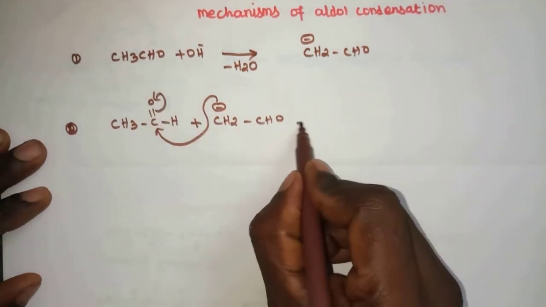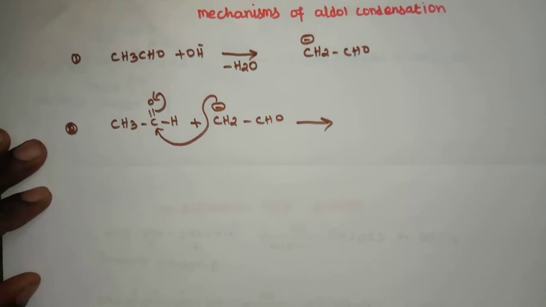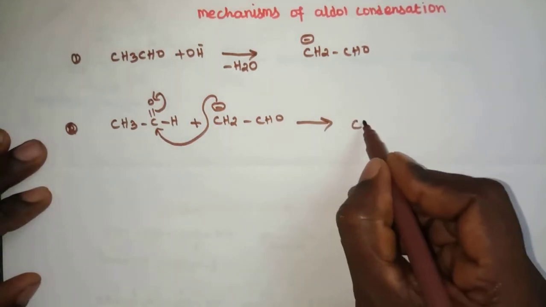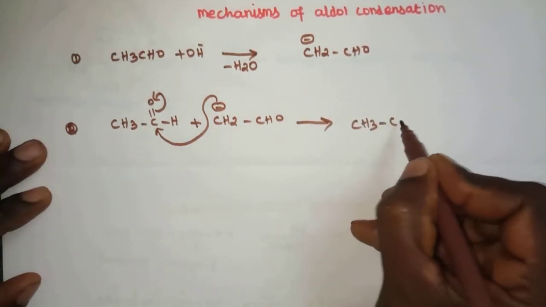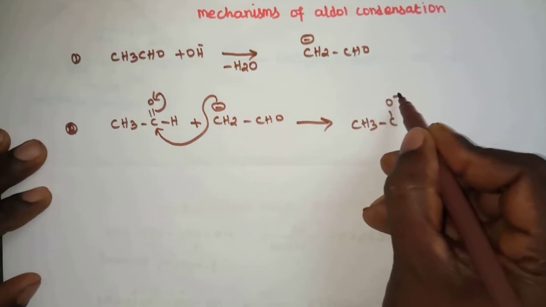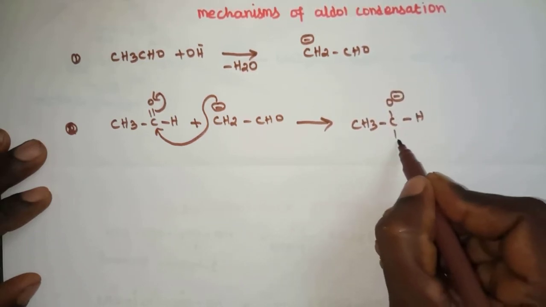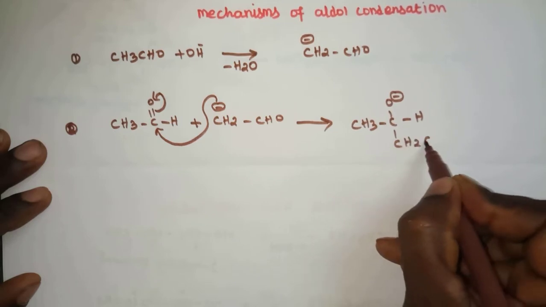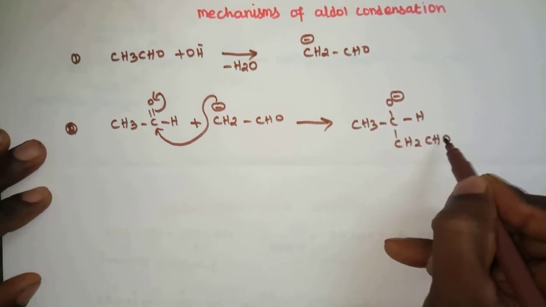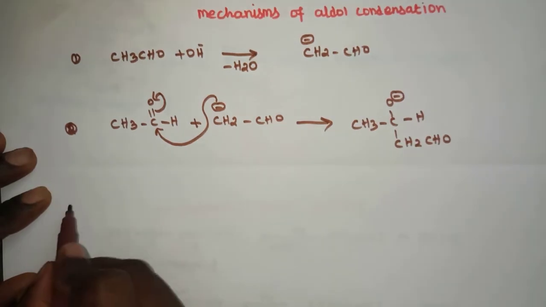So oxygen carries a negative charge, and alkoxide ion formation takes place. CH3 C O minus H CH2CHO. The third step is formation of aldol.